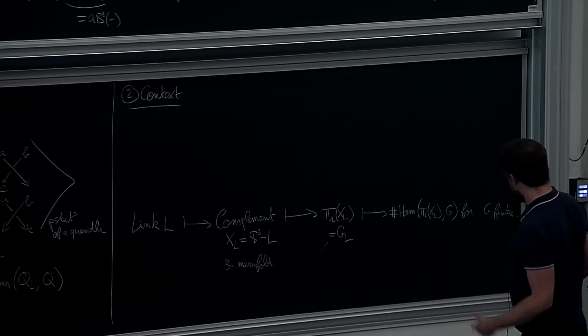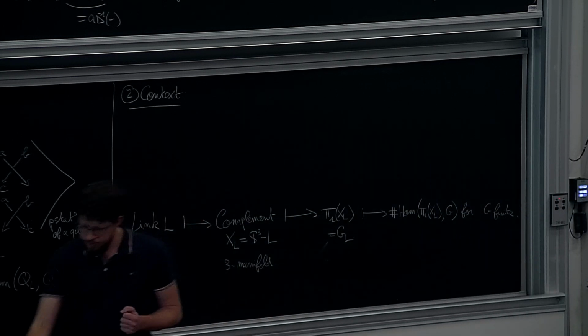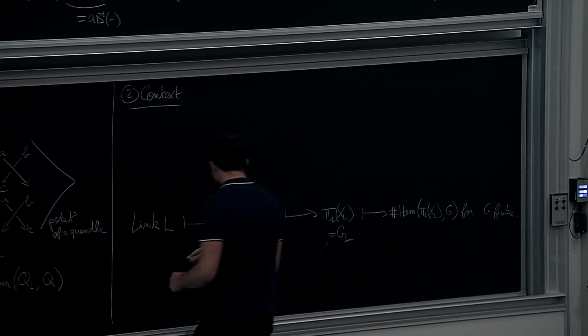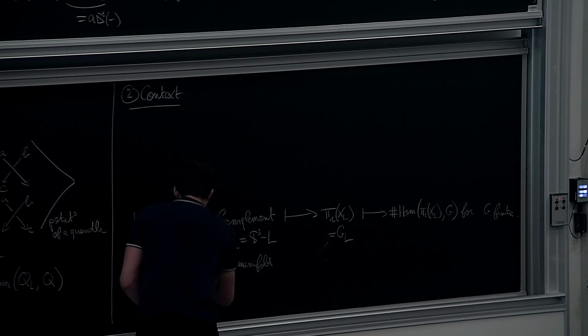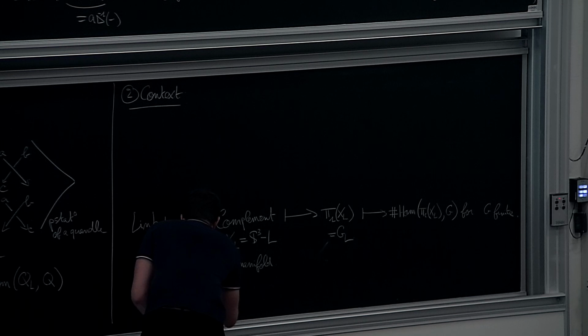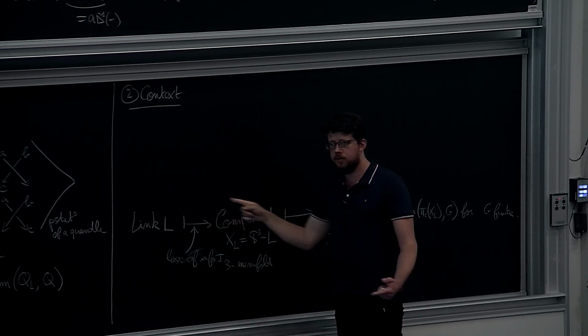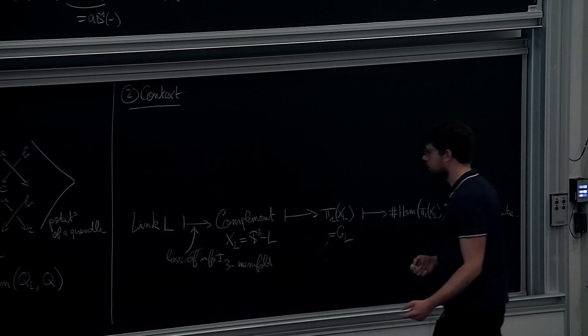So here you have some loss of information. Here you are losing some information, meaning that there are links that are different, but the complement is homeomorphic.